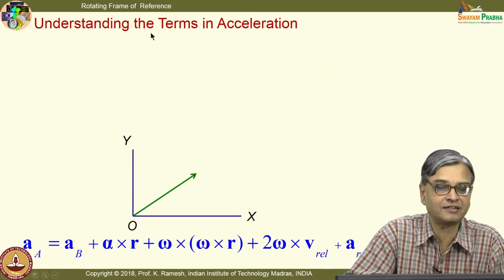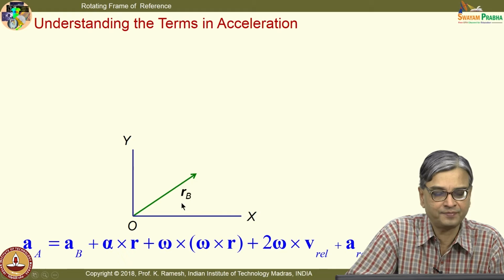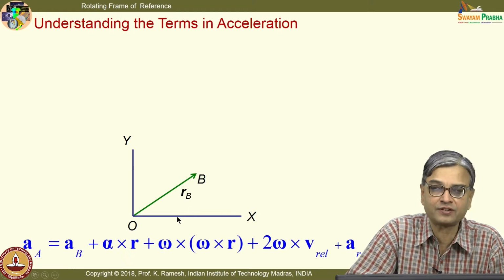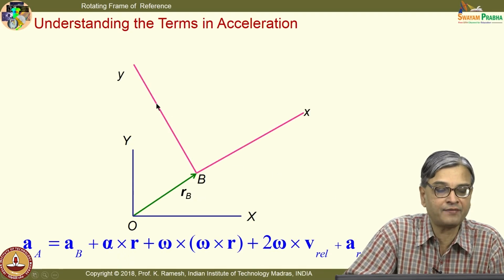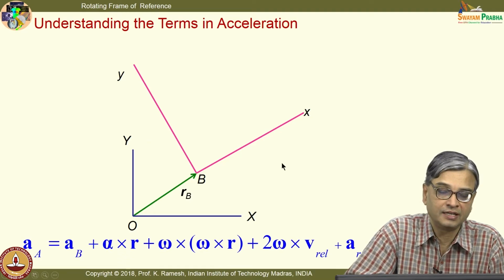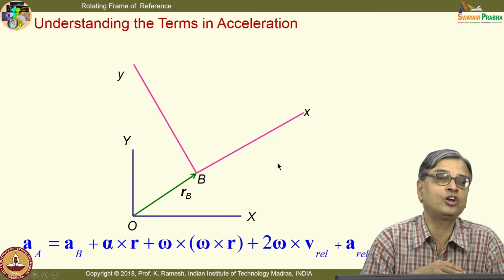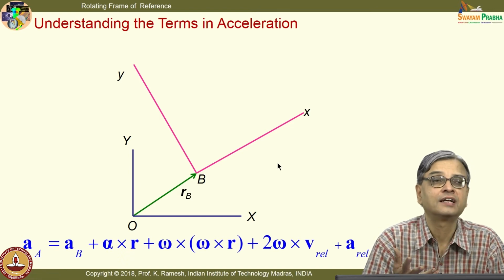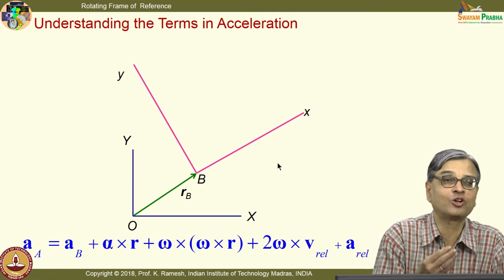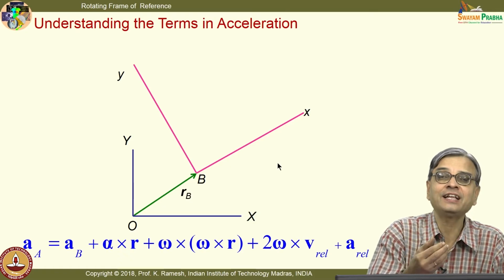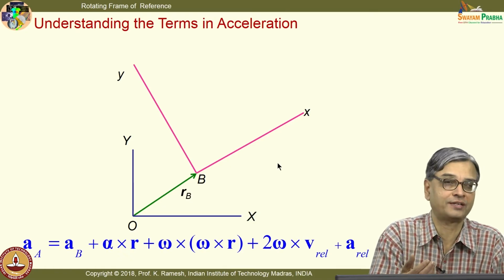So, let us understand the terms in acceleration. So, here again I take a fixed frame of reference. I have the origin of the rotating frame of reference as B, which is located at a position vector r b, and then I have a rotating frame of reference attached to this. And I said, in order to visualize what we are discussing, we are also imagining an appropriate rigid body.